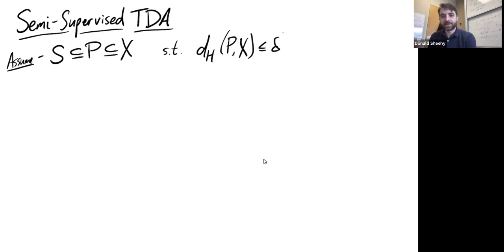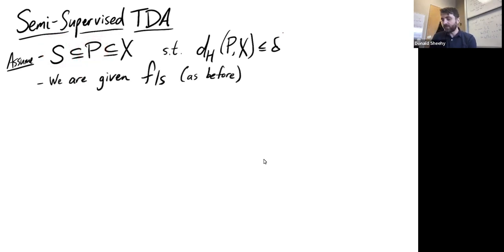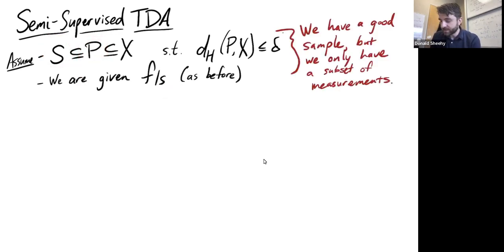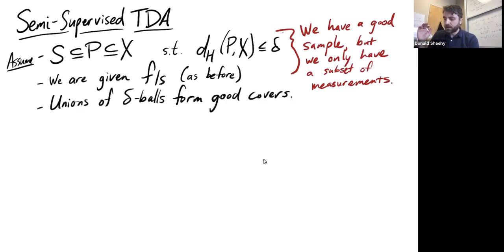I don't have the data at the good sample, I only have it at a subset of the good sample. And so we're given, again, f restricted to S, and we're going to make at least this one geometric assumption now, that if I take unions of radius delta balls, they always form good covers, right? So we can apply persistent nerves.